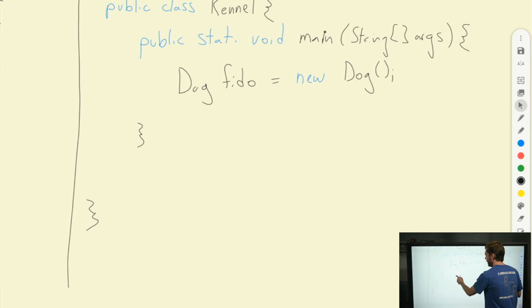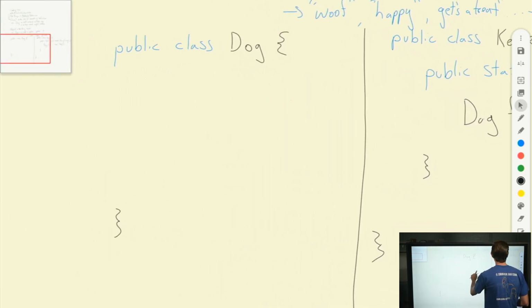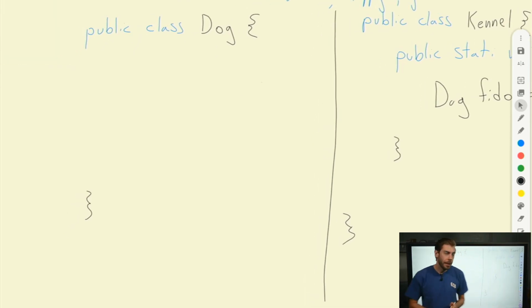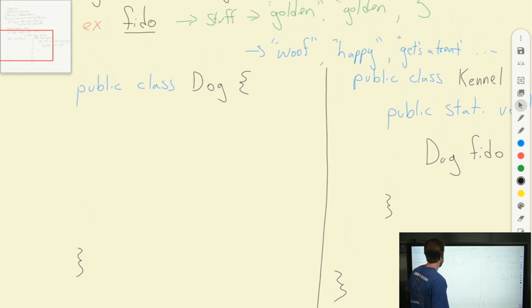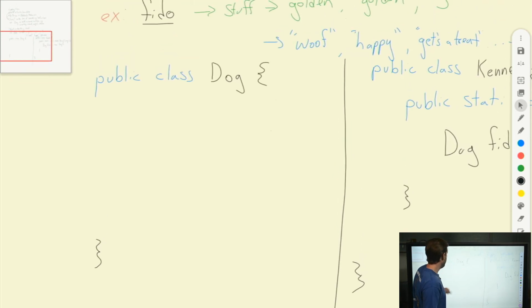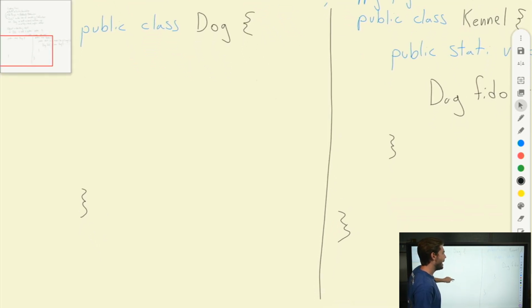As long as these two files are within the same folder structure, we're going to be okay. Now, one thing to note is that these files have to have specific names. The name of our file has to match the name of at least one class within the file.